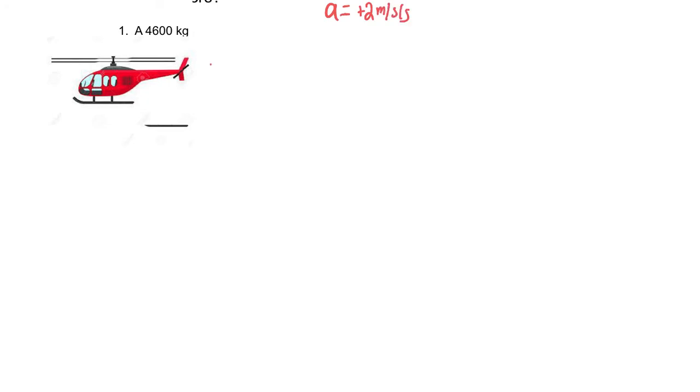So this helicopter is accelerating, and it looks like this. And then we also know that the helicopter has a mass of 4,600 kilograms. Okay? What this question wants to know is what is the lift force, or the upward force, acting on the helicopter to cause this acceleration?